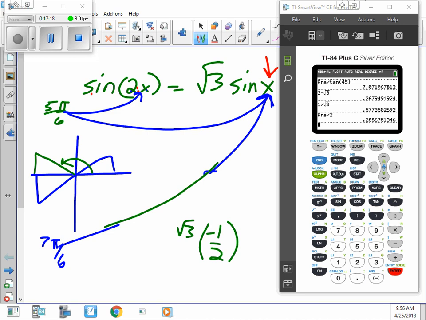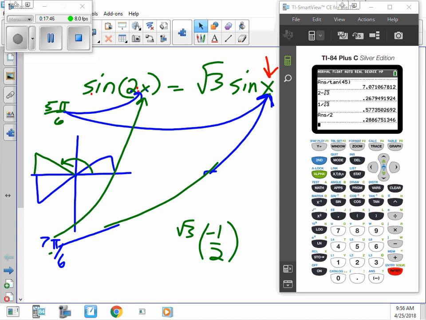That's what happens when I plug 7 pi over 6 in there. 7 pi over 6 doubled is 14 pi over 6, which is pi thirds, and the sine of pi thirds is positive root 3 over 2. That didn't work.